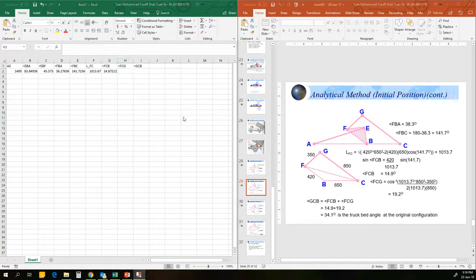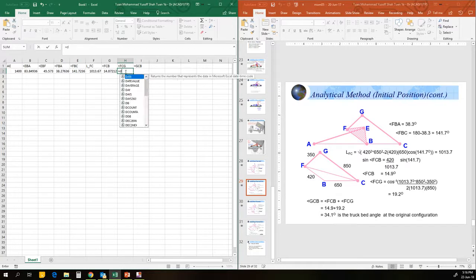Then for the angle FCG, we continue. In this case, we are using the cosine rule. FCG equals, of course, we need to convert to degrees, and arc cos. It's a bit tedious, but once we do it once, we can get a different answer later on by just changing the angle.